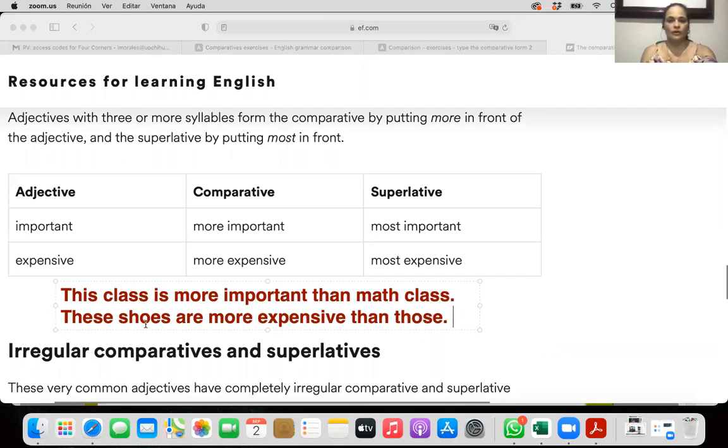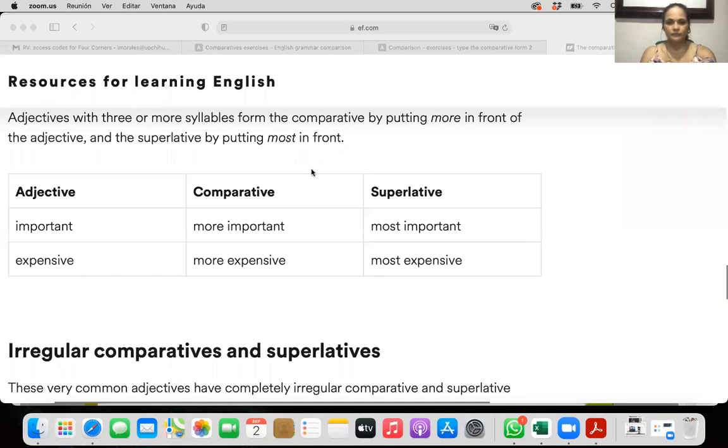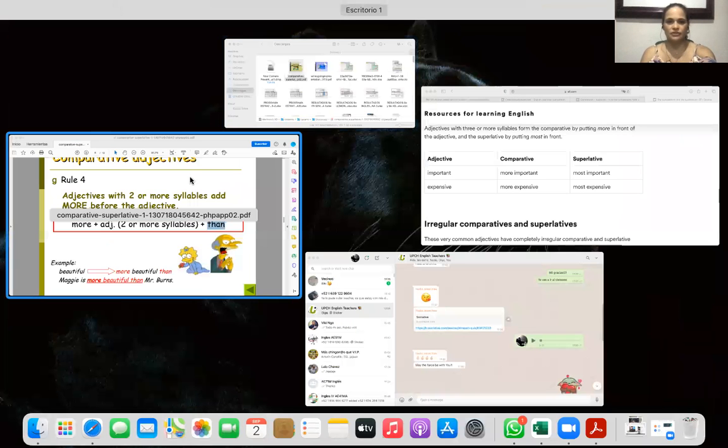We are comparing these shoes to those shoes. So we have more important and more expensive. We're using our verb to be, plus we are using the comparative word than. That's just the example of the rule. Let me erase and go back to the presentation.